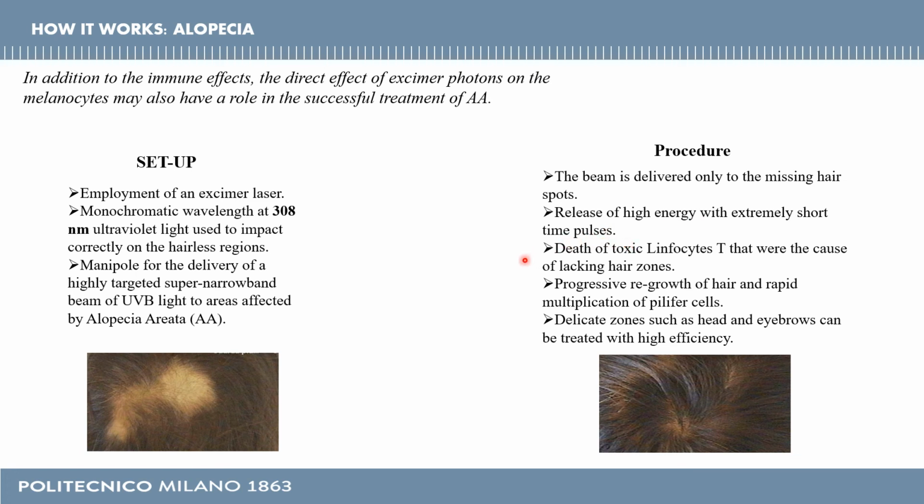Like in the previous case, there is the death of the toxic T lymphocytes that were the cause of the lacking hair zones. As a consequence, there is the progressive regrowth of hair and rapid multiplication of the pilifer cells. Even delicate zones such as the head and eyebrows can be treated with high efficiency.